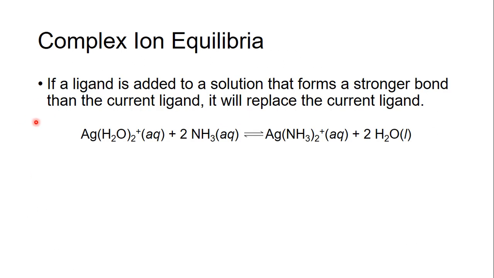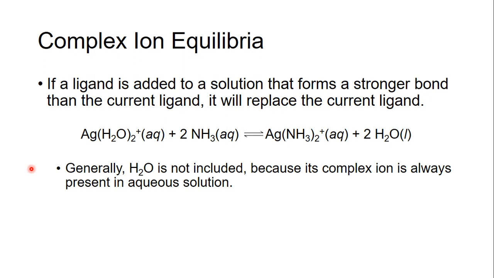Now, with these complex ions, you can actually replace what kind of ligand you have attached to your central atom. So here we have the silver and water complex ion, but if we add molecules of NH3, this NH3 will form a stronger interaction with the silver than the water does, and so these waters will be kicked off and replaced with NH3.